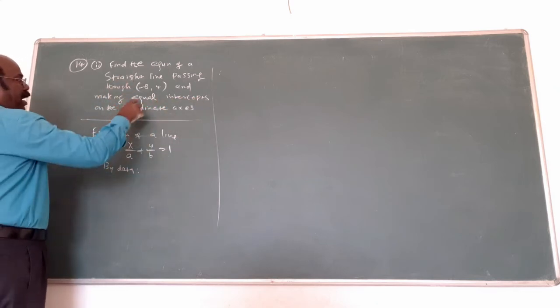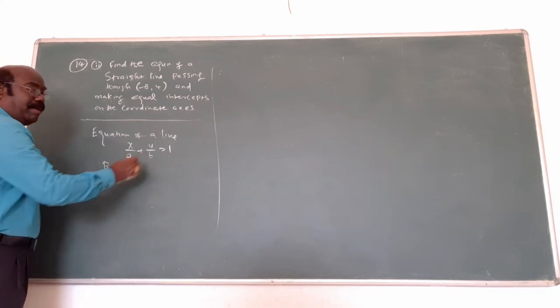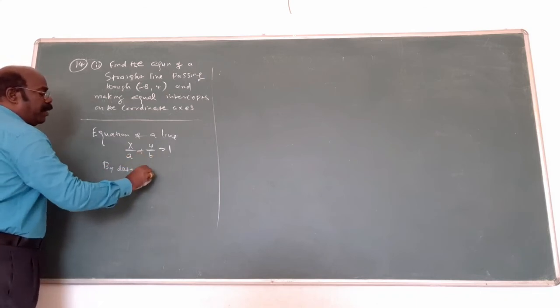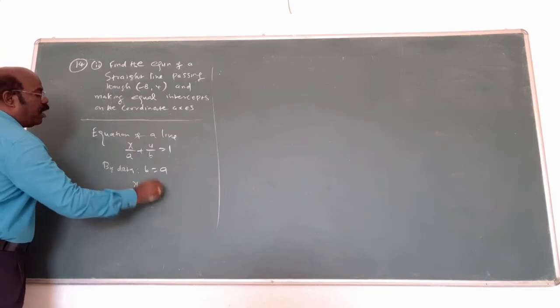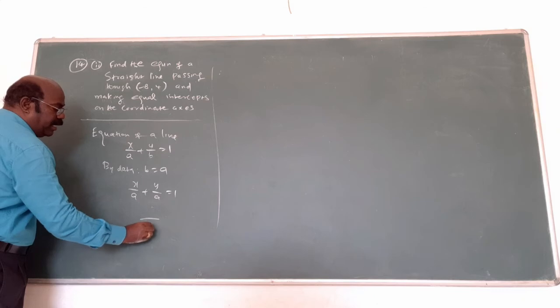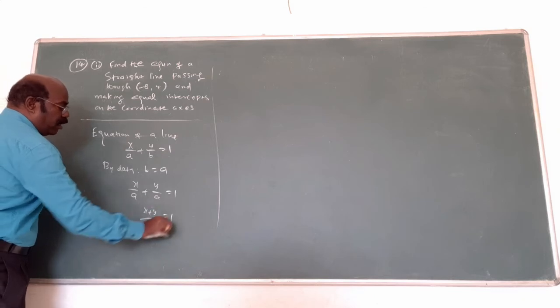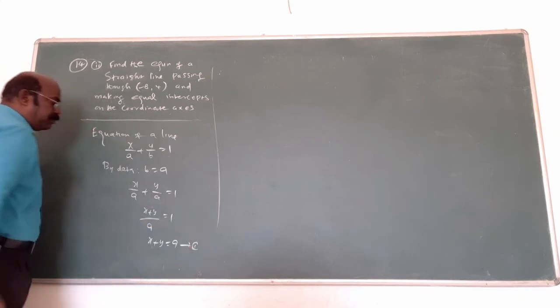By the data, equal intercepts. That means what? The intercepts are a and b, no? Equal means b equal to a. Now substitute here: x by a plus y by a equal to 1. Now a is the LCM, no? x plus y equal to a. This is the first thing.